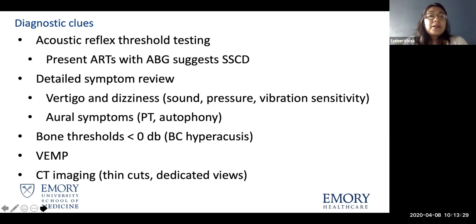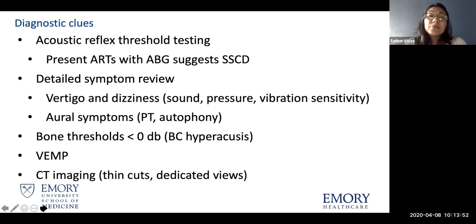When you have acoustic reflexes present in the setting of a conductive loss, that is a real big clue that this is not an ossicular malfunction, such as with otosclerosis or ossicular erosion, but that it is very much likely possibly a superior canal or just a third window effect.